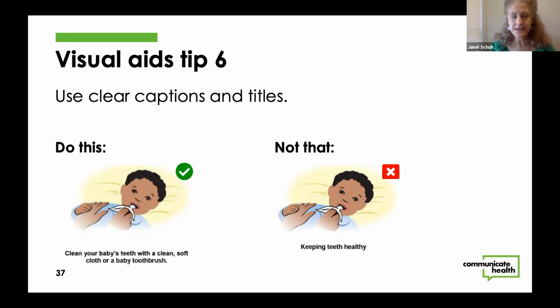And in this case, it looks like this would be a clean soft cloth. So the image itself, sometimes you really need the caption to give your audience the information they need in order to have the visual aid actually support the main message.